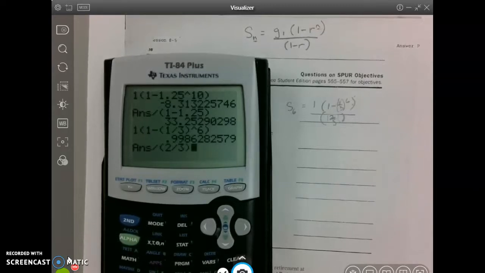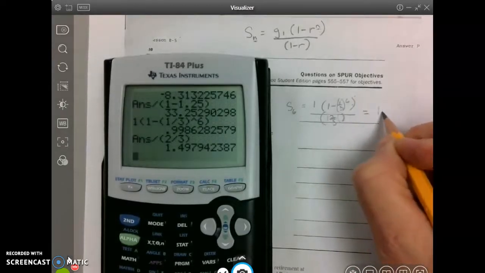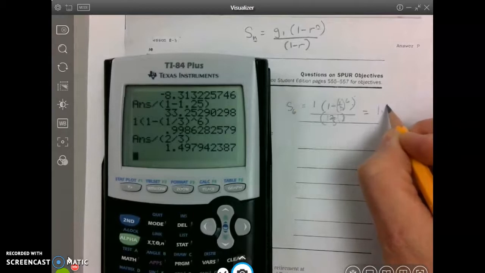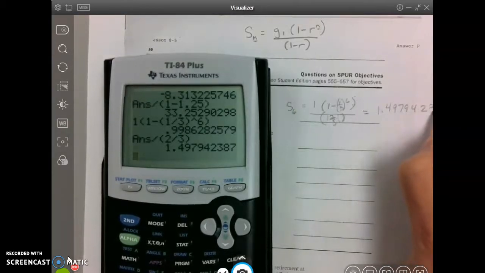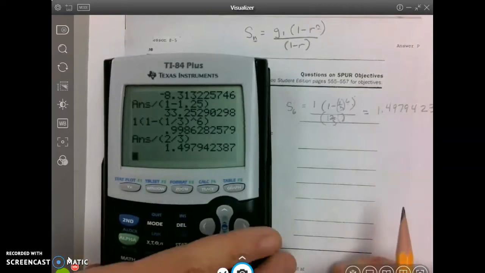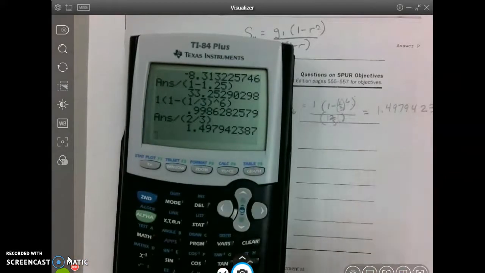Otherwise, my calculator will first divide by 2 and then divide by 3. And we want to divide by the fraction 2/3. And I get 1.49794238... Does it say what to round to? It doesn't. I'm just going to leave it like that.